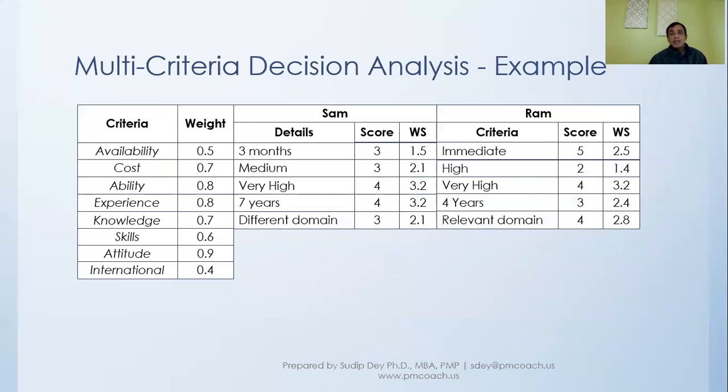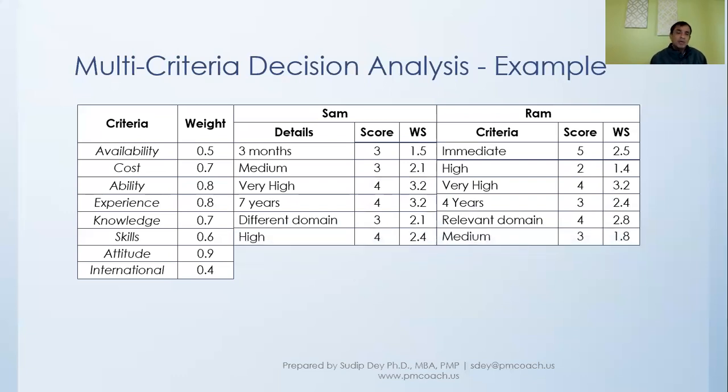For example, experience. We are saying that Sam has 7 years and Ram has 4 years. So for Sam, we are saying the score is 4, Ram's score is 3, and accordingly we have calculated the weighted score, WS. Skills, again, we looked at what it is.